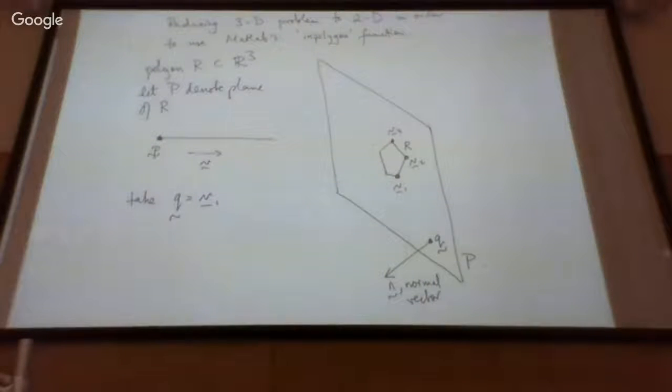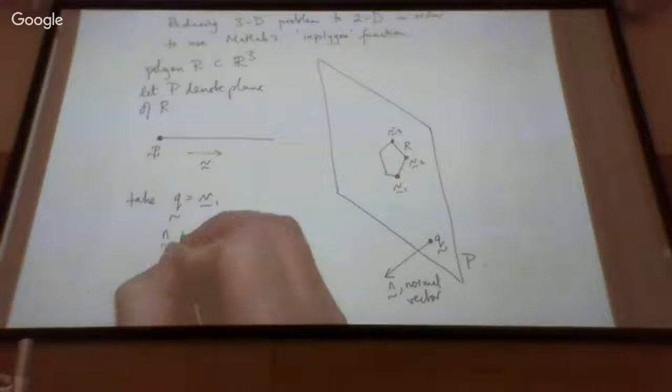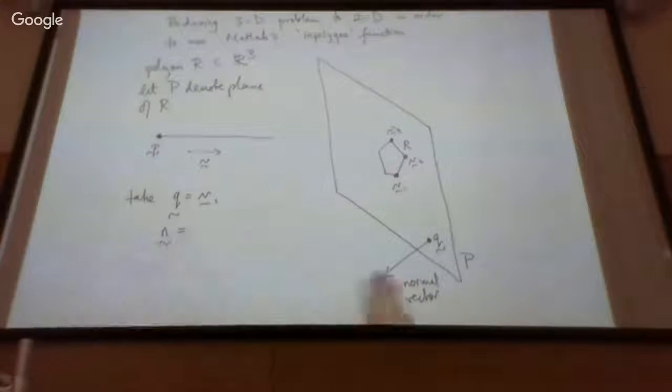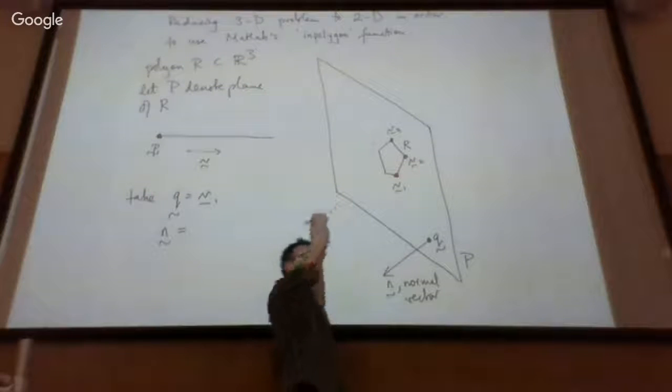So why not take q to simply be v1? What should I take for my n, my normal vector? Can I construct a normal vector for this plane from the data? The data is the v1, the v2, the v3.